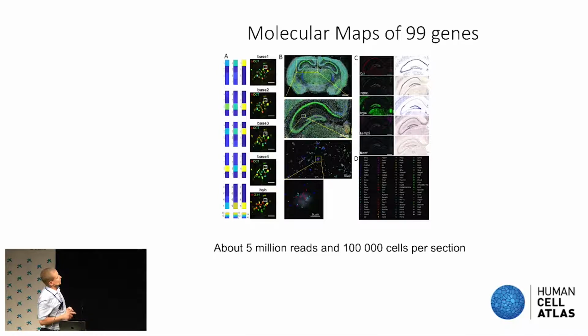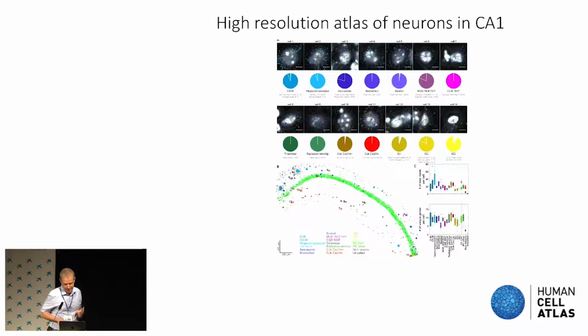In this experiment we targeted 99 genes, and we targeted complete coronal sections of mouse brains. We did 14 coronal sections in this experiment, with the aim to test this approach in CA1 of the mouse hippocampus, because a lot is known about the laminar distribution of the interneurons in this part.